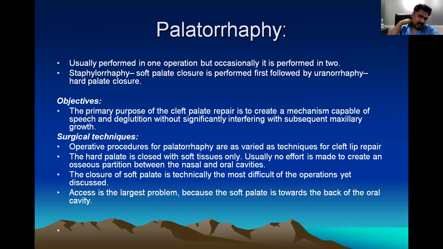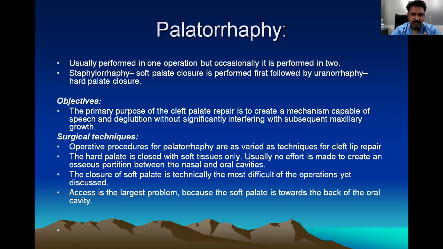The next is palatoplasty, usually performed in 1 operation, but occasionally it is performed in 2 also. Then staphylorrhaphy is the soft palate closure performed first, followed by uranoplasty, meaning first the hard palate is closed, and after that, if any defect is left in the soft palate, then the soft palate is closed.